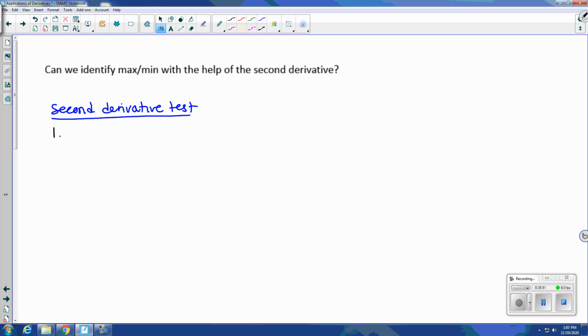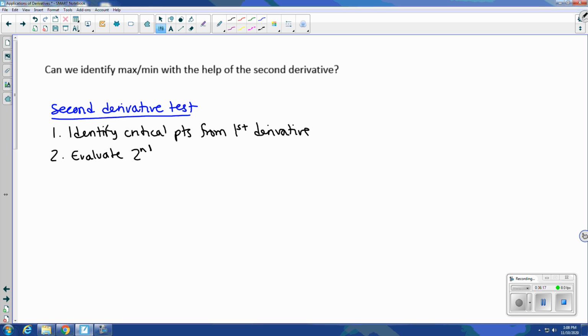Identify critical points from the first derivative. Then, once you've identified the critical points, evaluate the second derivative at those points.